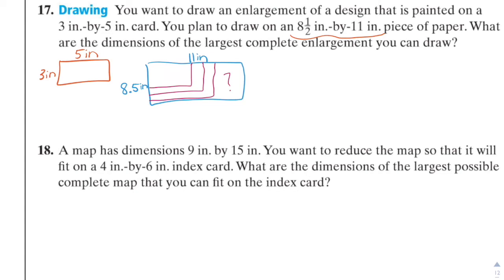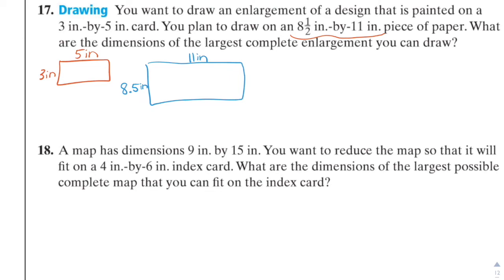So you can only go so wide or so long, and then you're stuck where you are. So we have to go with the most restrictive enlargement that we can. If we go too large, it won't be on the paper.